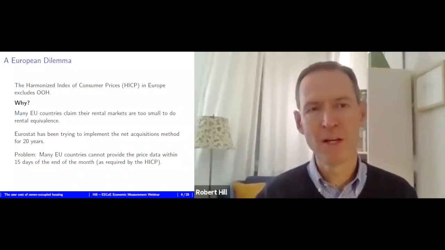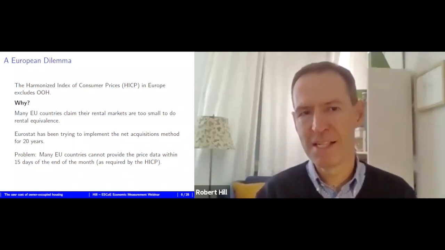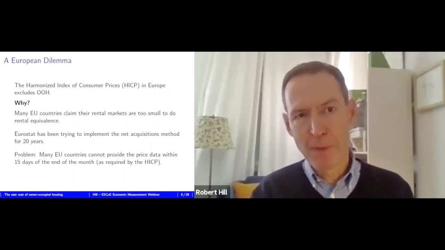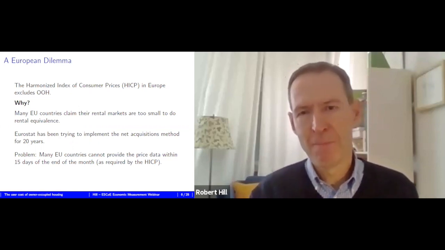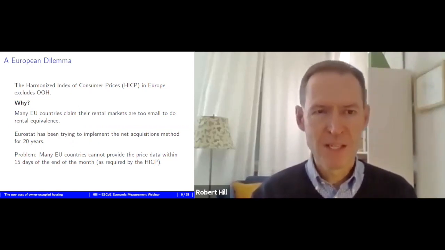The rental market will be concentrated mainly on apartments in the city centre. So if you've got a house in the countryside, you've got nothing to compare it with. And given it's a harmonized index, all countries have to do it the same way. So if some countries can't do rental equivalence, then rental equivalence can't be used in the harmonized index. For this reason, Eurostat has been trying to implement their net acquisitions approach.